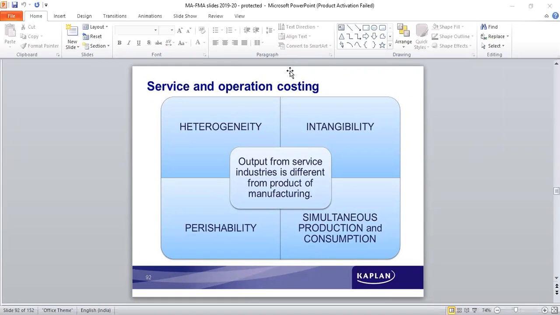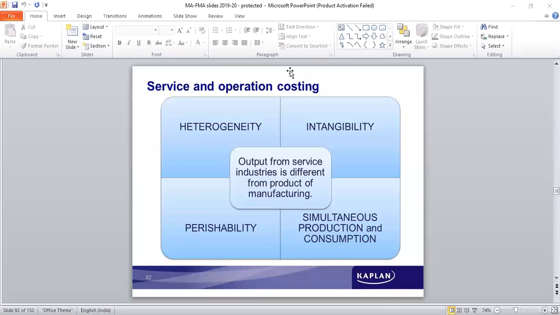Homogeneity is similar, identical. That's the meaning of it. Okay. Heterogeneity is not identical. It is different, different from one situation to another situation. So that is different. It is not identical. It is not the same. It is not similar. It is different.